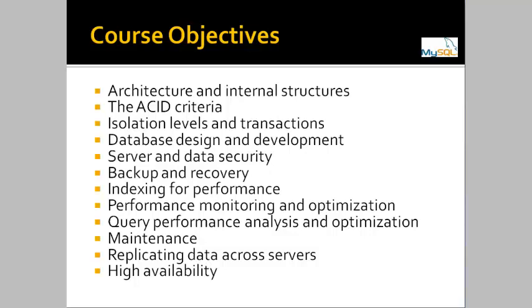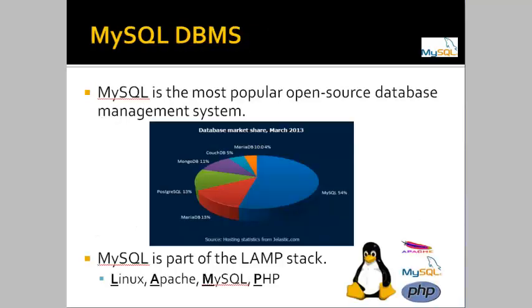Data replication, that is moving data in near real time from one server to another server. And high availability, ensuring that the database that we're responsible for as DBAs will always be available for the business.